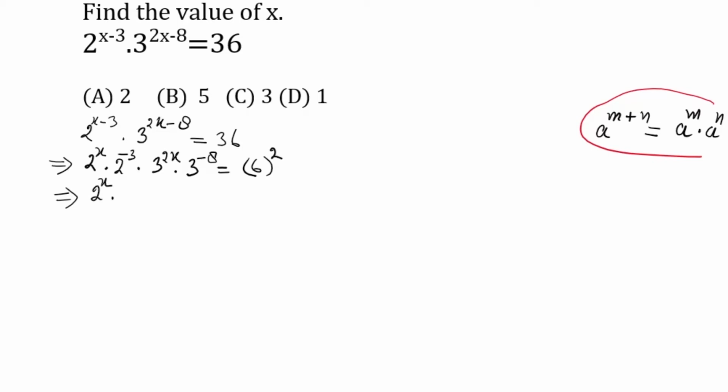I can write here 2 to the power minus 3. According to this formula, a to the power minus m is equal to 1 upon a to the power m. I write here 1 upon 2 to the power 3.